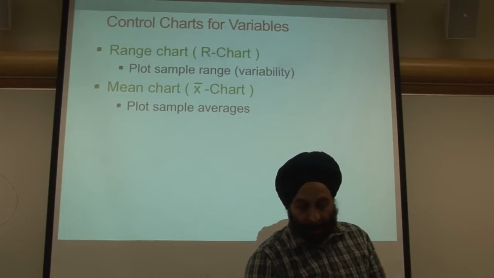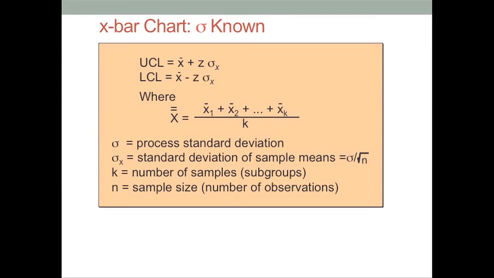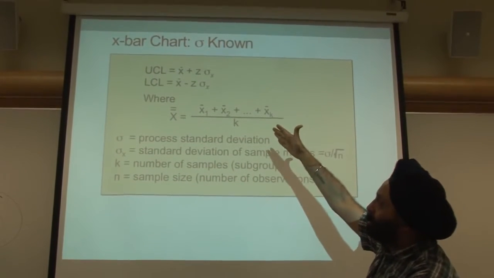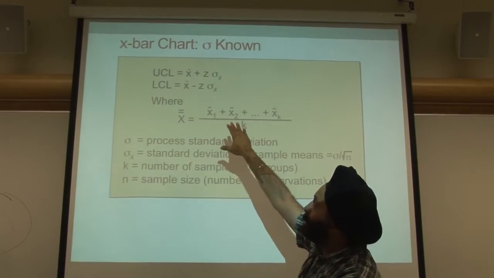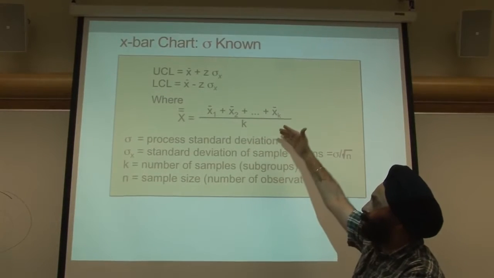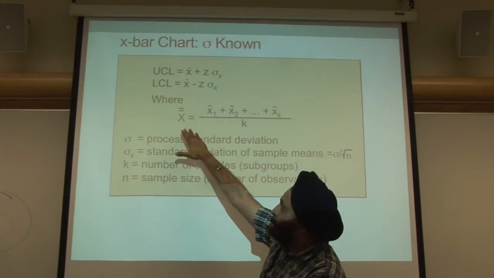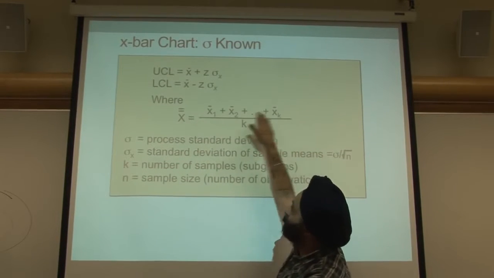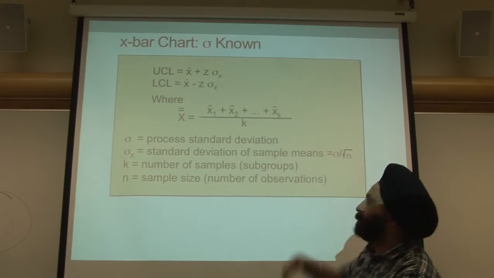We can do an X bar chart for a standard deviation that is known. In that case, it's pretty straightforward: X bar plus Z times the standard deviation of X bar. Here X bar is the grand average, the average of all the sample averages divided by the number of samples you're taking.